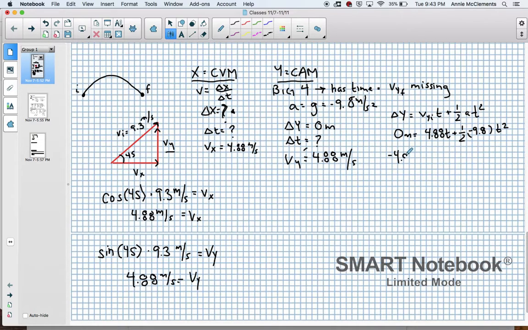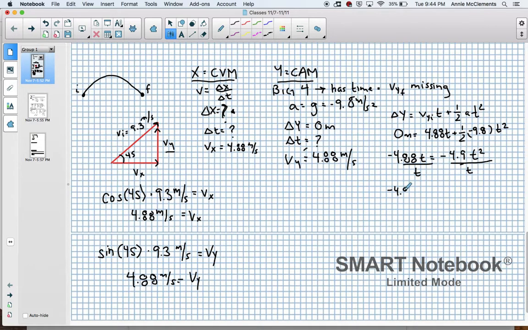So I'm going to end up with negative 4.88t equals negative 4.9t squared. I'm then going to divide both sides by t, right, because they have that in common. That's going to make my life easier.